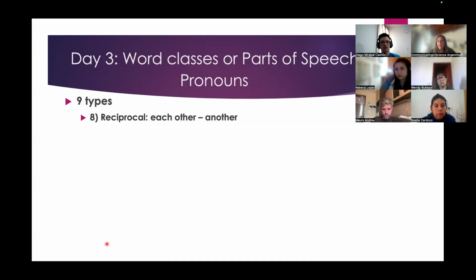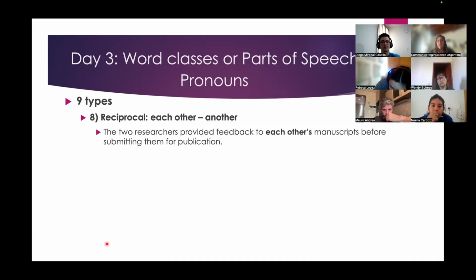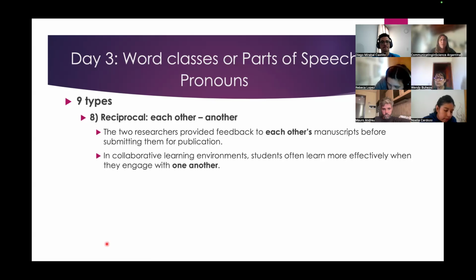Okay. Reciprocal pronouns: each other, one another. We use them when we compare two things. The two researchers provided feedback to each other's manuscripts. A los manuscritos del otro. In collaborative learning environments, students often learn more effectively when they engage with one another.